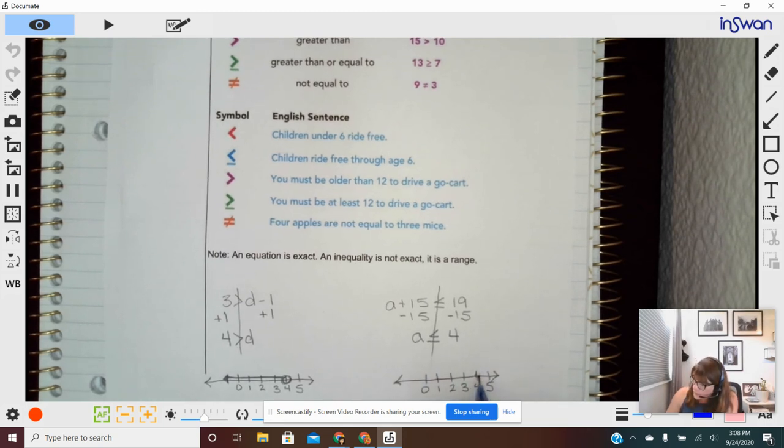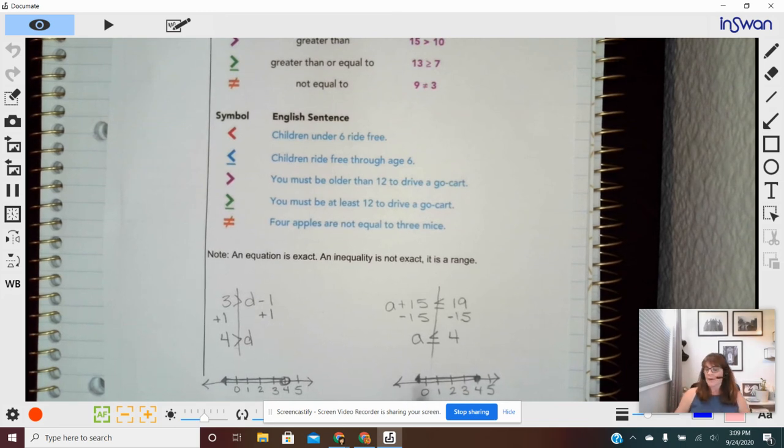It could include the 4-year-olds in this bounce house and anyone less than. When you're deciding which way to draw your arrow, ask yourself, what is a number less than 4? Oh, well, 0 is less than 4. Let's go that way. That will keep you doing them in the correct direction.